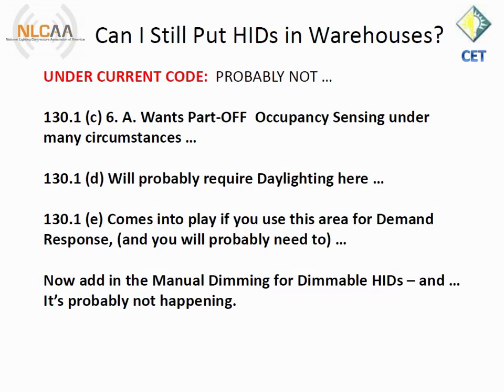And if you've got demand response, then you have to reduce the lighting in there as well. So under current code, the 2013 Title 24 Part 6, you probably can't put HIDs in warehouses. I'm serious about that, not if they have skylights, okay?